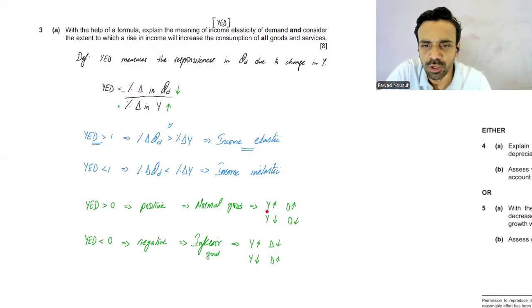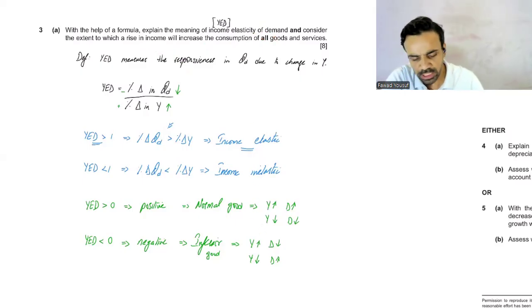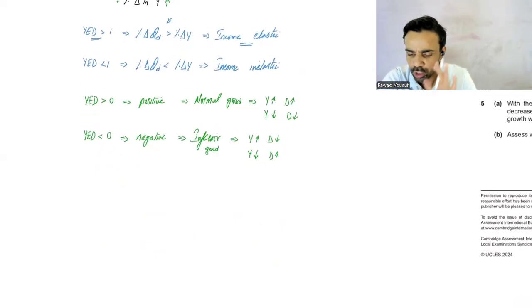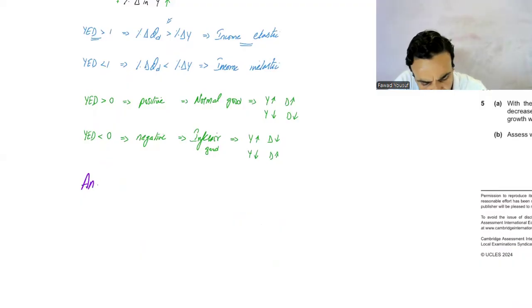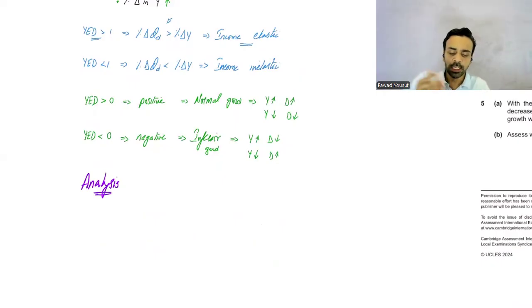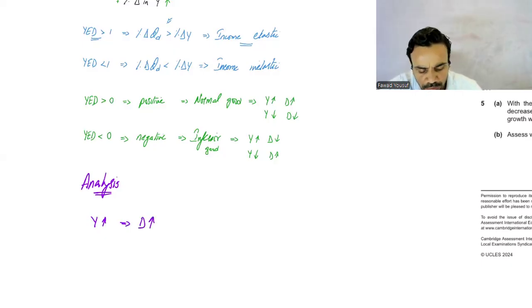I have sort of talked about it over here, but let me have a much clearer analysis so that I don't have any kind of problem in my AO2. So I'll say that if there is an increase in income, there is likely to be an increase in demand for normal goods.